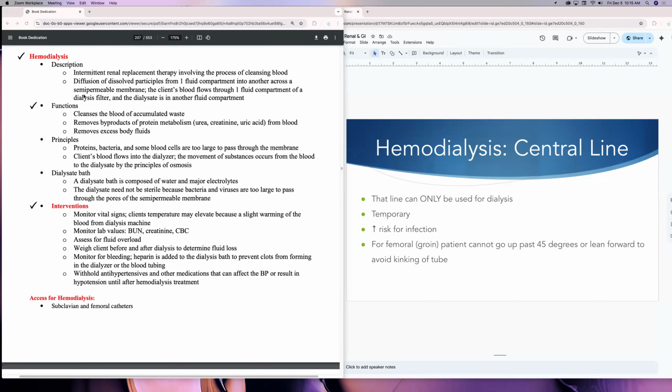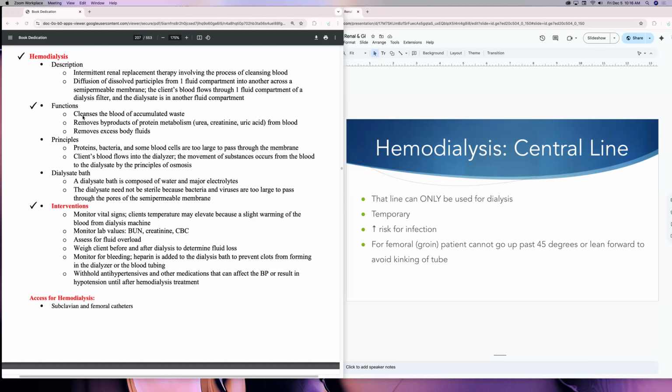So we last left off on hemodialysis. Hemodialysis basically is you are using a machine to do the work of the kidneys. So when somebody needs hemodialysis, they have renal failure or chronic kidney disease stage 5, which is also called end-stage renal disease.